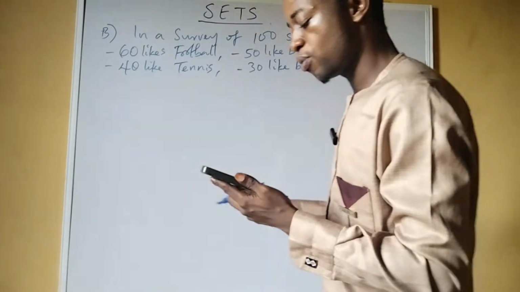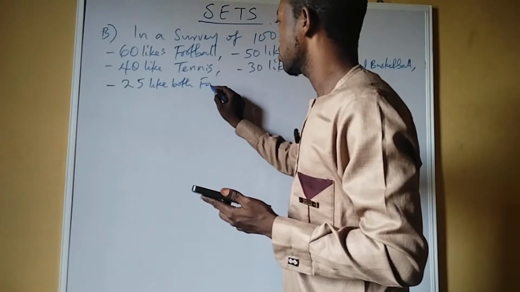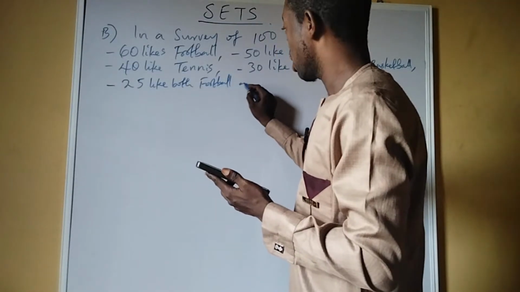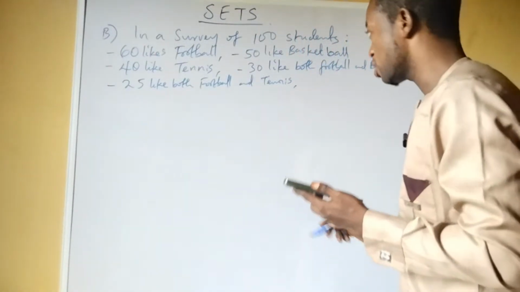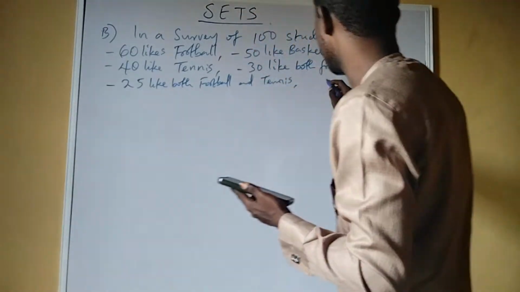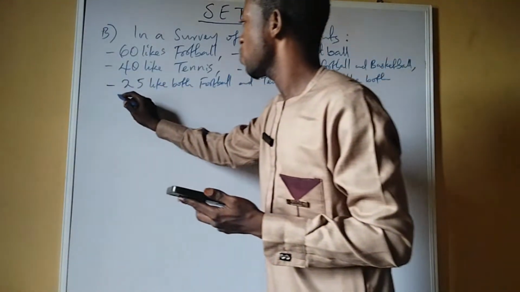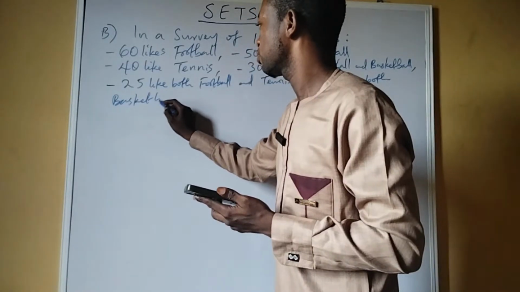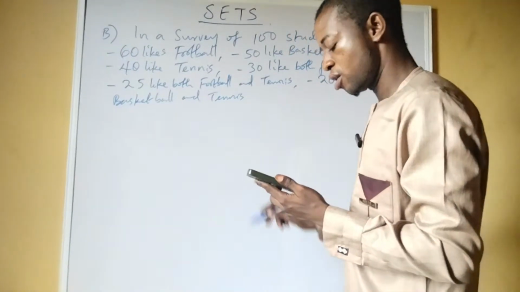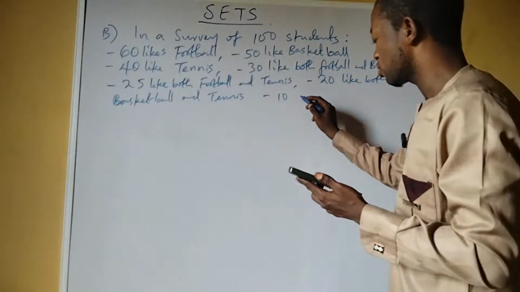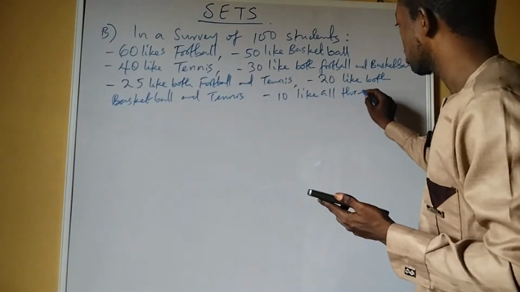Then also 25 like both football and tennis. 20 like both basketball and tennis. Then 10 like all three sports.